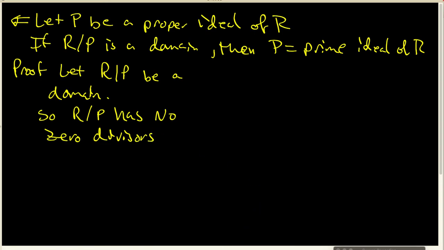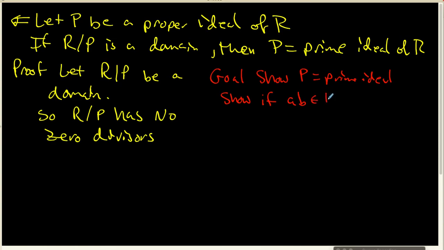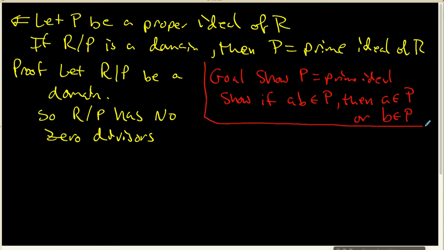And I don't want to lose sight of what my goal is. So I'm going to write my goal down. My goal is to show that P is a prime ideal. And because I've already assumed that P is a proper ideal, what I need to do is show that if A times B belongs to the ideal P, then either A is inside P or B is inside P. And I'm going to box that in because I don't want to lose sight of it.